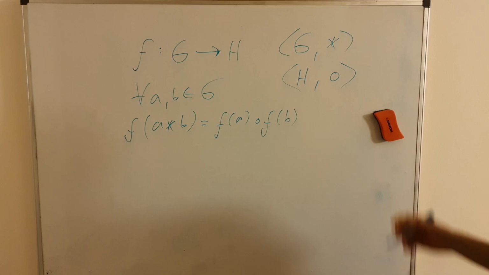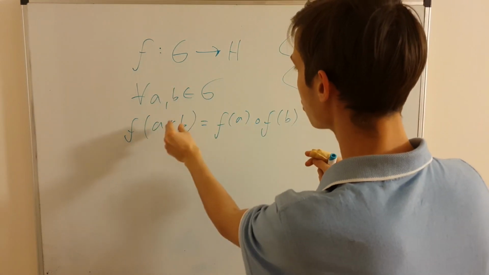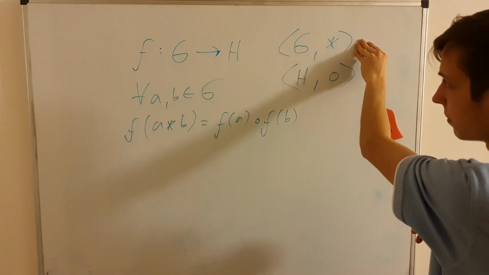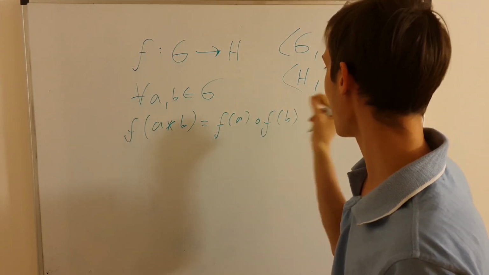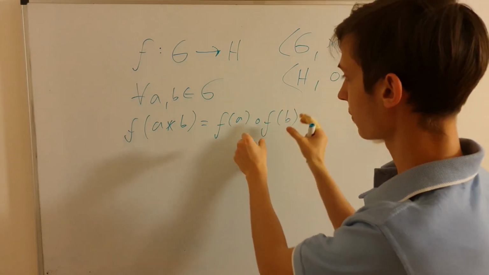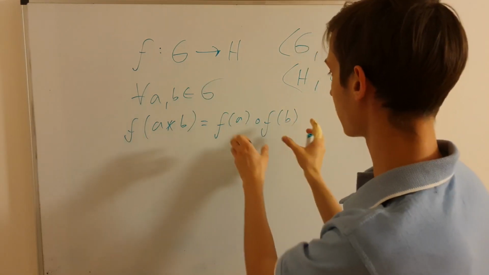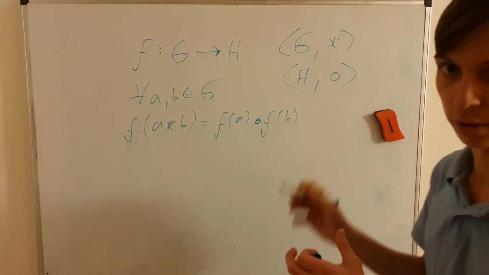So the function with the argument being these two elements from G under the operation of G itself, the first group, equals f of a and f of b in the operation of the second group together.